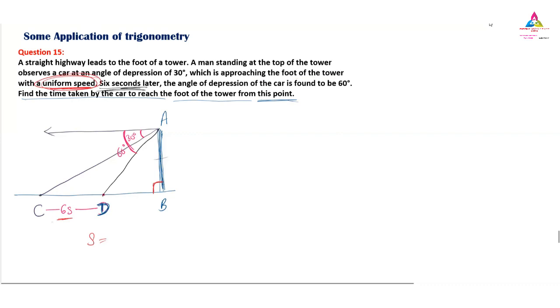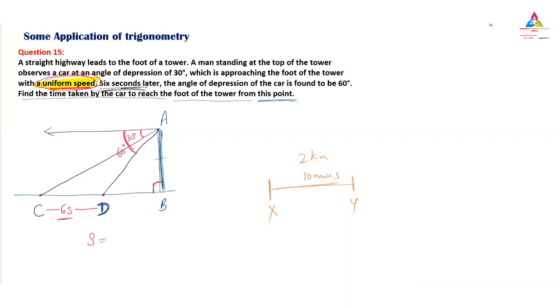What is that uniform speed? This sentence is very important. Uniform speed means a car is moving from one position to another. If a distance of 2 kilometers is covered in 10 minutes, say from X to Y, and there is one more position Z that is also 2 kilometers away, how many minutes will it take?